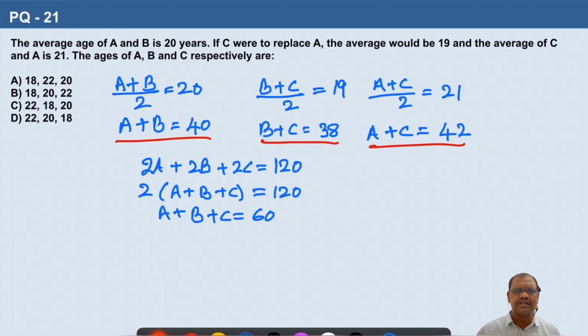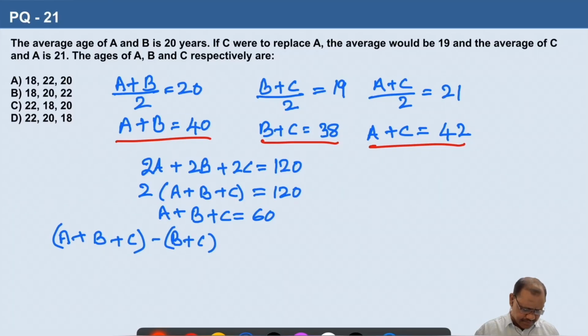Now he is asking the individual ages of A, B and C. So from A plus B plus C, if you subtract B plus C, you will get the age of A. That is 60. B plus C is 38. 60 minus 38 is equal to 22.